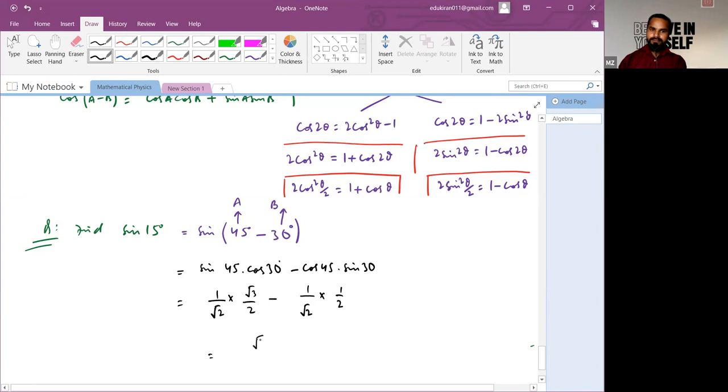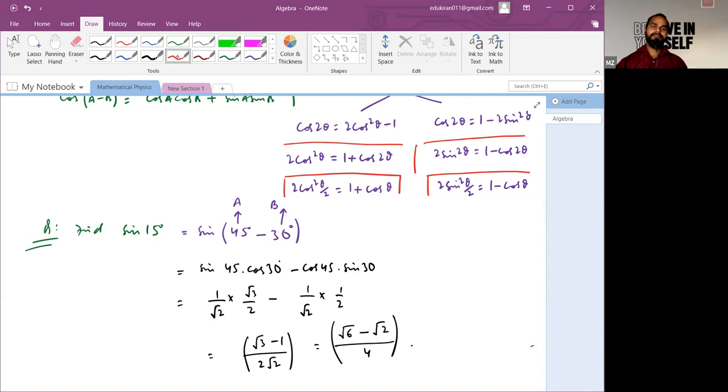So it will become root 3 minus 1 divided by 2 root 2. You may rationalize this particular term by multiplying and dividing by root 2. So it will become root 6 minus root 2 divided by 4. As done by Safan. Okay.